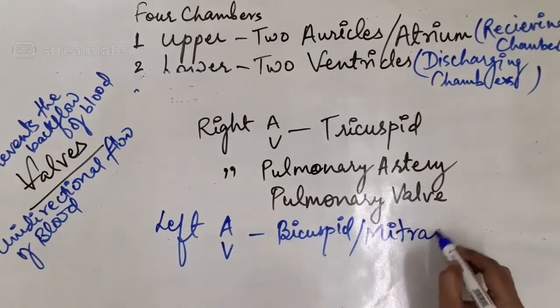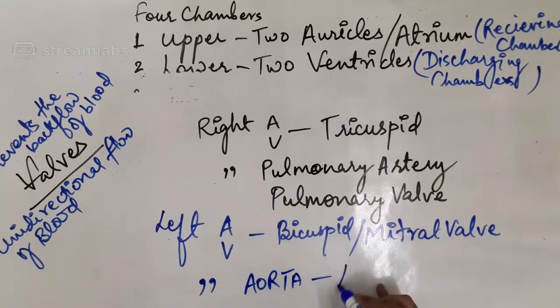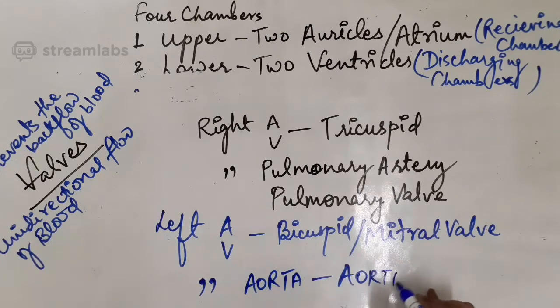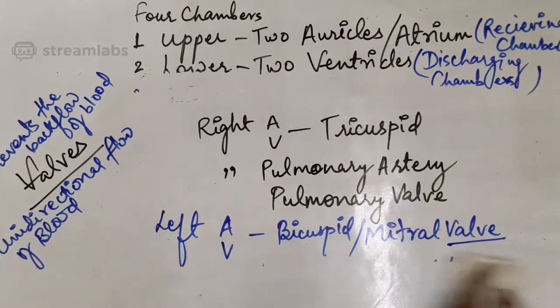Also on the left side, the valve in the aorta is called the aortic valve. Valves are necessary to prevent the backflow and also the mixing up of impure or pure blood.